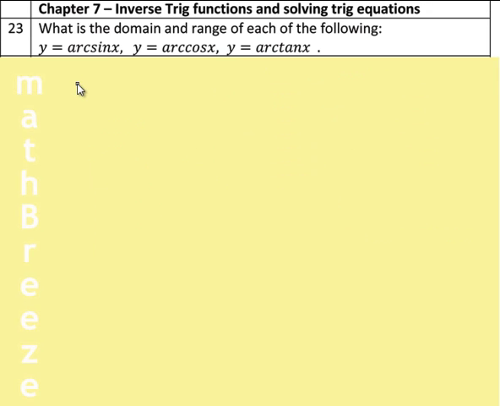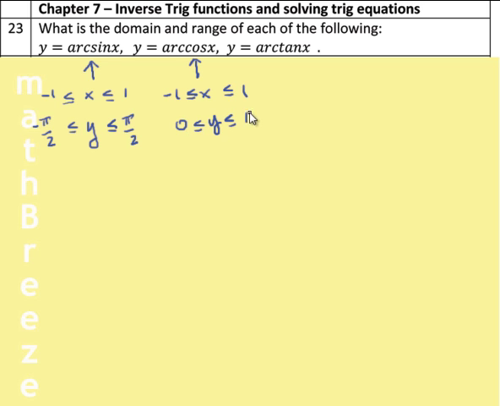In number 23, we want to know the domain and range of the following inverse trig functions. So first for arcsine, the x values are between minus 1 and 1, and the y values between minus pi over 2 and pi over 2. Now arc cosine, x values again between minus 1 and 1, and y values are between 0 and pi.